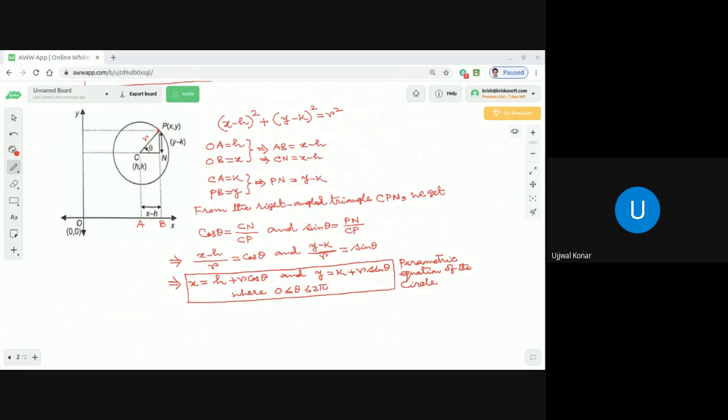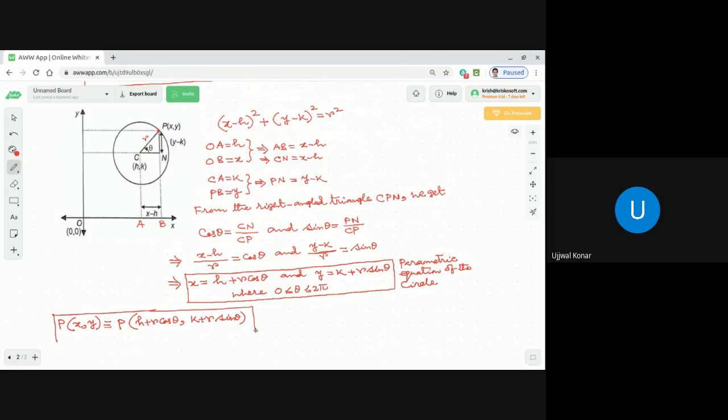And interestingly, dear students, the point we found as x comma y, that P with coordinates x comma y, now the parametric point becomes h plus r cos theta comma k plus r sin theta.